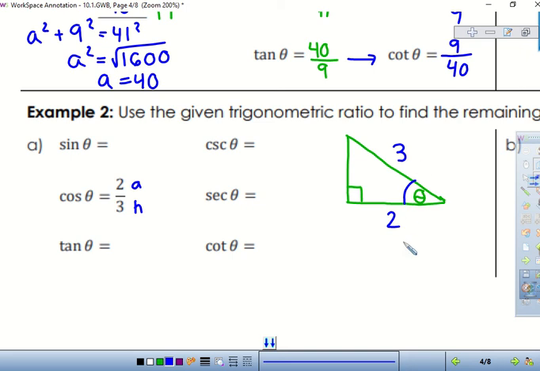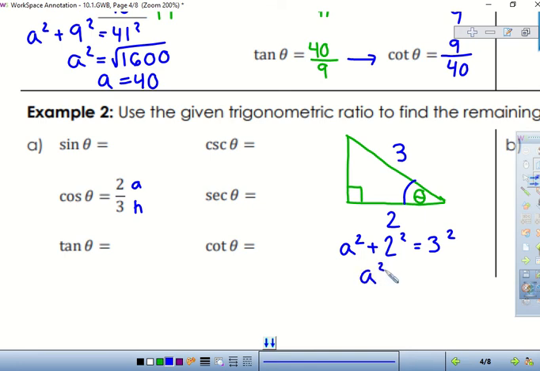Now that we've found the sides that they gave us, we're going to find the third side using the Pythagorean theorem. This time we're looking for a hypotenuse or a leg? A leg. So that's going to be a squared plus 2 squared equals 3 squared. You could have also plugged in for a and had a b. I just like to leave a because b kind of looks like a number 6, so it makes it easier.